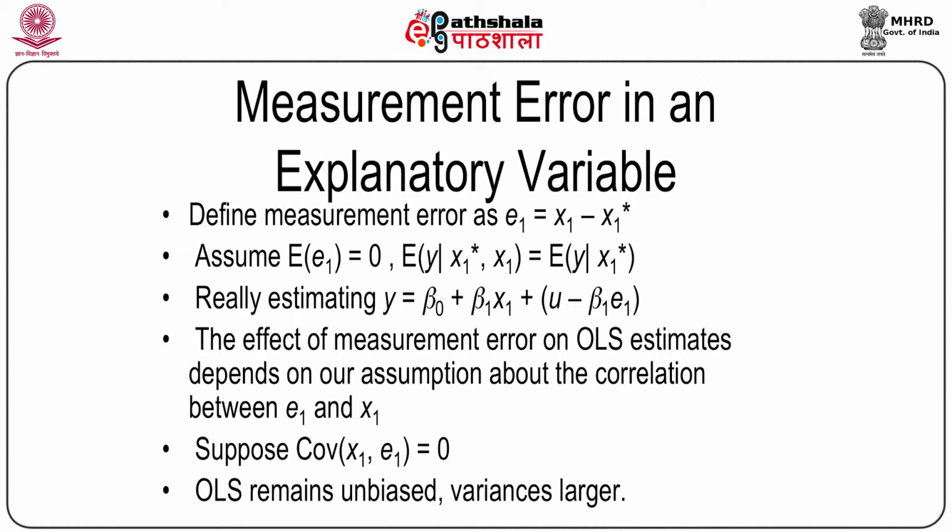Suppose the covariance between x and e1 equal to 0. In this case OLS remains unbiased and the variance will be larger.